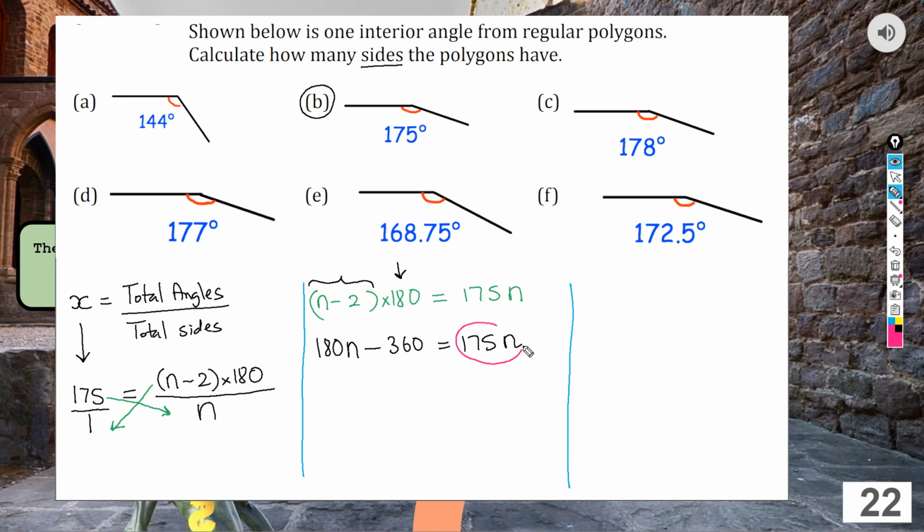So throw across this on this side. So you have 180n minus 175n, and it's equal to 360 on the other side. Because we throw across minus 360, it does not have an n, so it goes on the other side. So we end up with 180 minus 175 n. So you're going to get 5n is equal to 360.